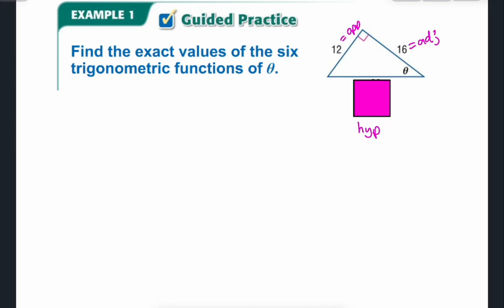Now remember, the Pythagorean theorem says that the sum of the legs squared is equal to the hypotenuse squared. So that's why it's important you know what's our hypotenuse. Because I know that 12 squared plus 16 squared should equal my hypotenuse squared. Well, 12 squared is 144. 16 squared is 256.